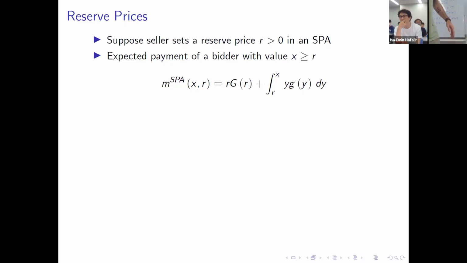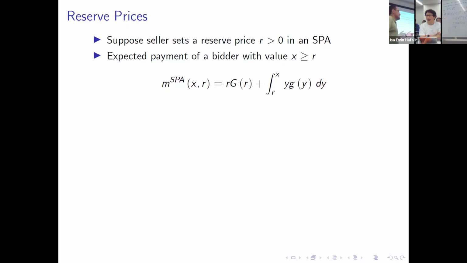So now let's consider a bidder with value X, and there is a reserve price of R. Then we have two instances. Let's say that X is greater than R, because when X is smaller than R, then X will bid smaller than R and will never win the item, so the payment will be zero. We only care about the bidders whose values are greater than R. And if my value is greater than R, then in terms of my payment, there will be two contingencies.